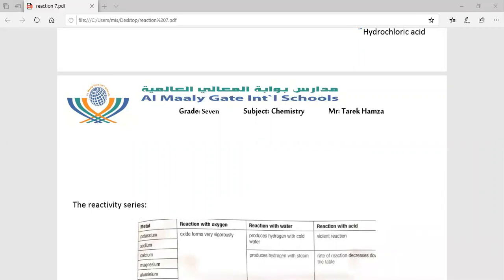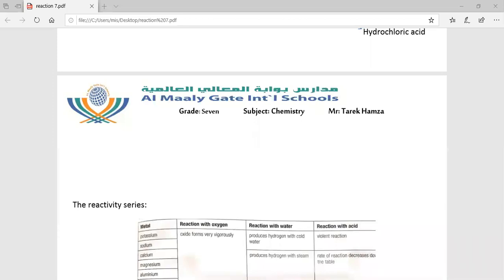Tools: a piece of metal like aluminum, dilute hydrochloric acid, and a test tube.